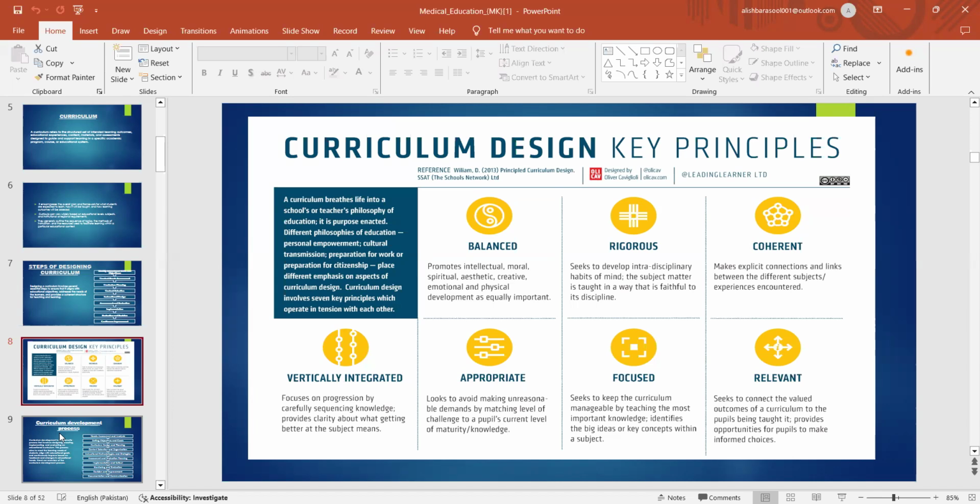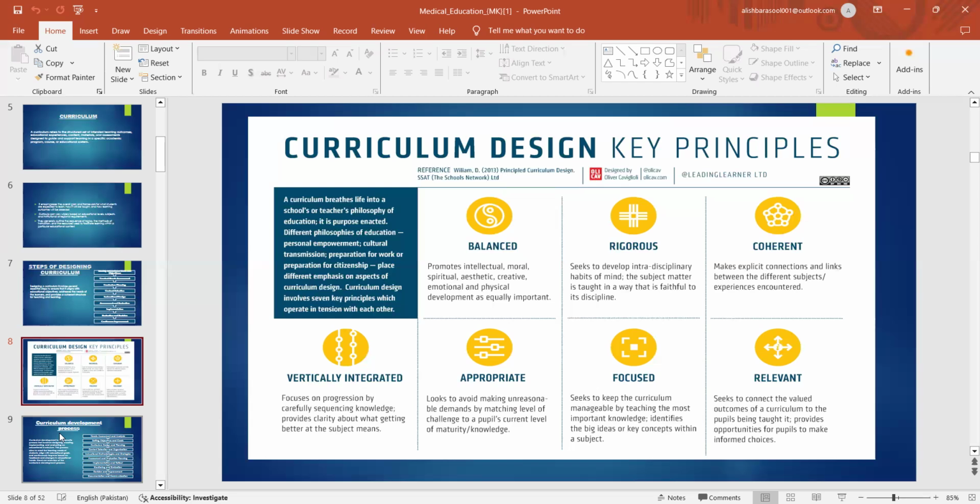Vertically integrated focuses on progression by carefully sequencing knowledge, and provides clarity about what getting better at a subject looks like. Appropriate looks to avoid making unreasonable demands by matching the level of challenge to a pupil's current level of maturity. Focused seeks to keep the curriculum manageable by teaching the most important knowledge. Relevant seeks to connect the valued outcomes of a curriculum to the pupils being taught.